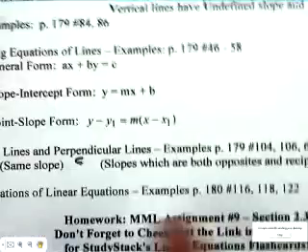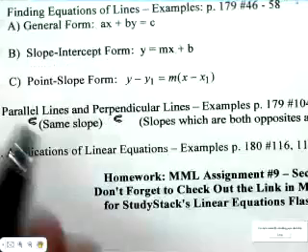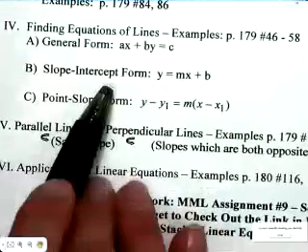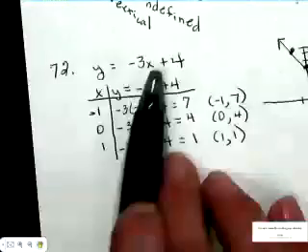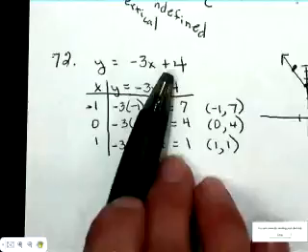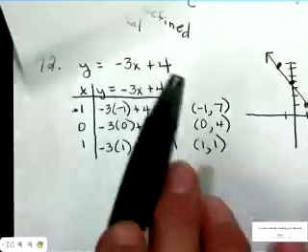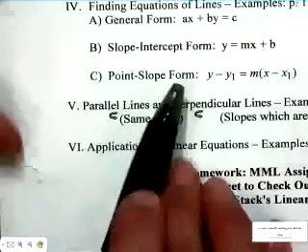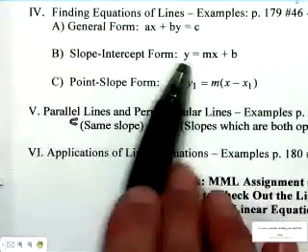to slope-intercept form. I didn't tell you that y equals negative 3x plus 4 was in any special form. I just said make a table. But it turns out that when the y is by itself, it is a special form. It's slope-intercept form.